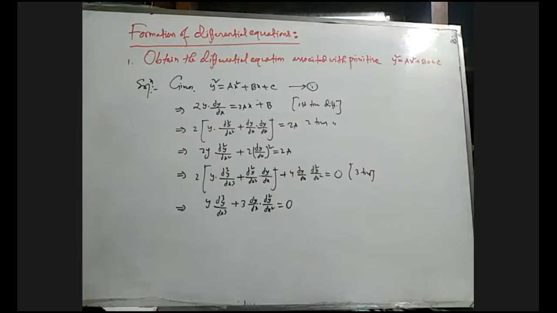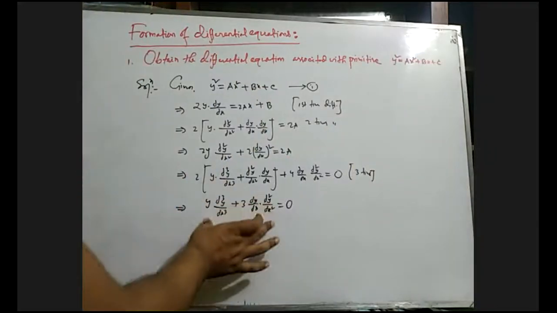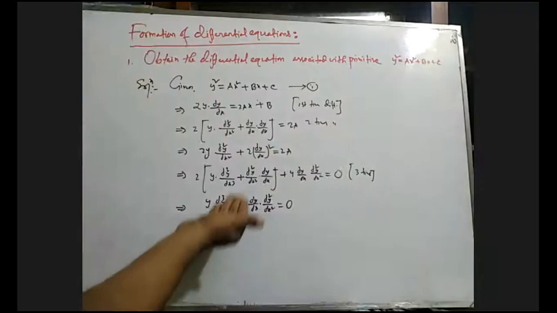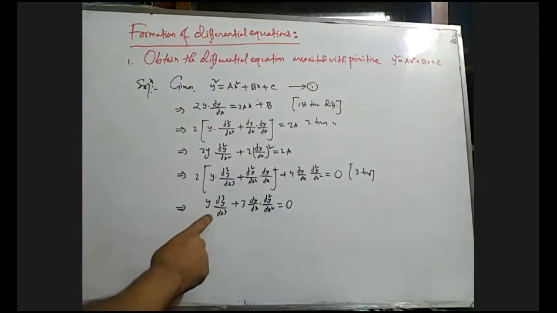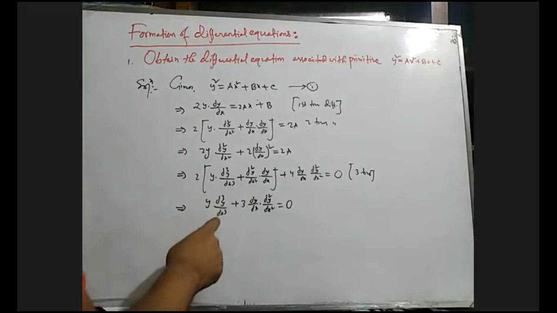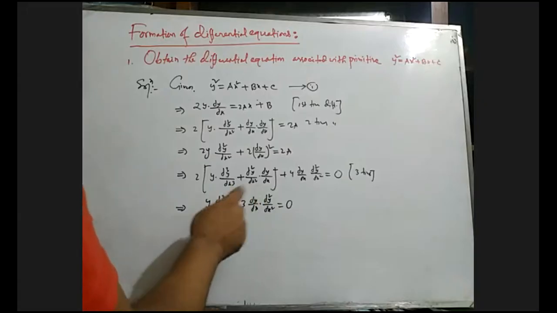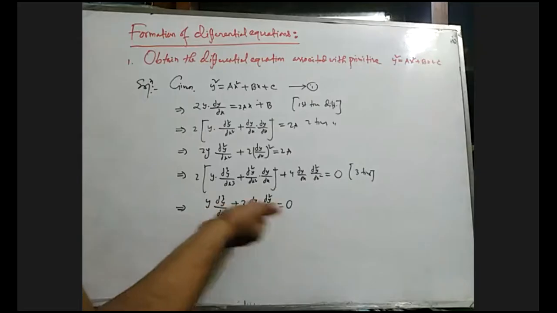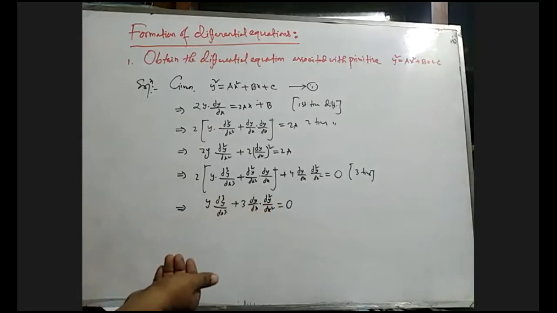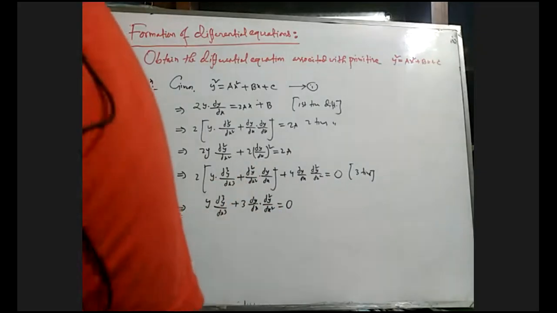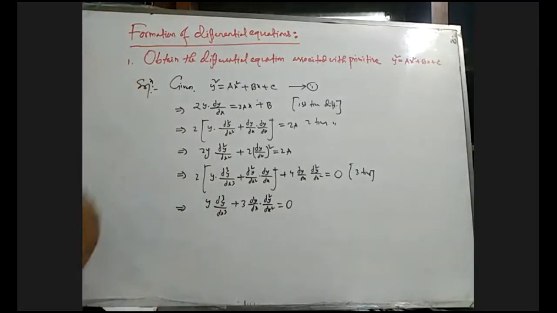Actually, this is the required differential equation from the given primitive, because all 3 constants are removed and we got a differential equation whose order is 3, since we differentiated 3 times. So order is 3 and degree is the highest power of the highest derivative, which is 1. Order will be 3, degree will be 1. And this is the result.